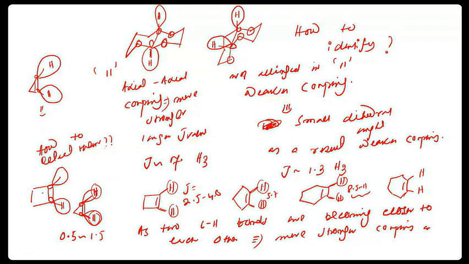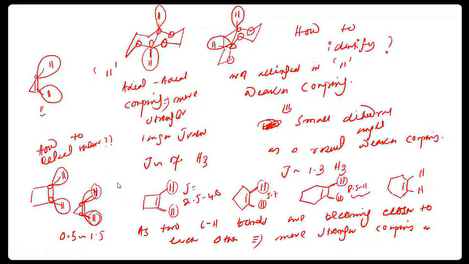So with increasing ring size, the CH2 CH orbitals are gradually becoming quite parallel. See, here they deviate far more from parallel alignment. Here it is towards parallel alignment. That's why their corresponding J value is going to increase. So by studying NMR spectroscopy, we can differentiate these kinds of things also.